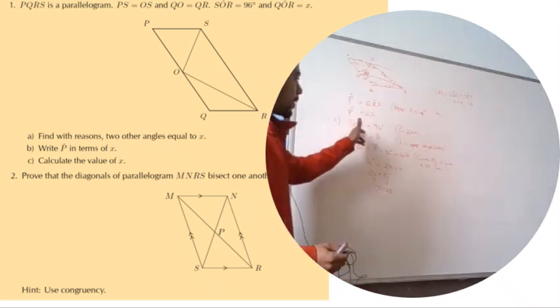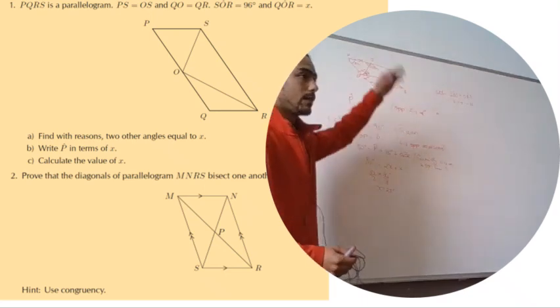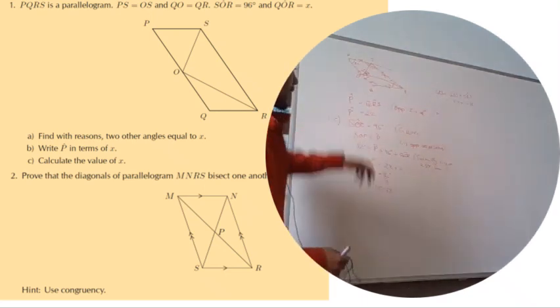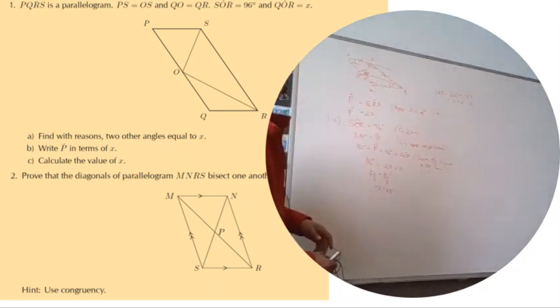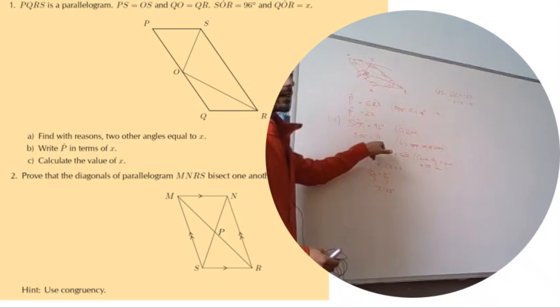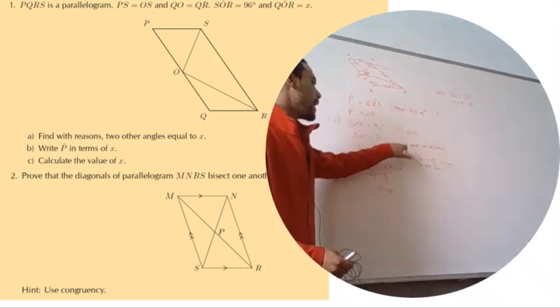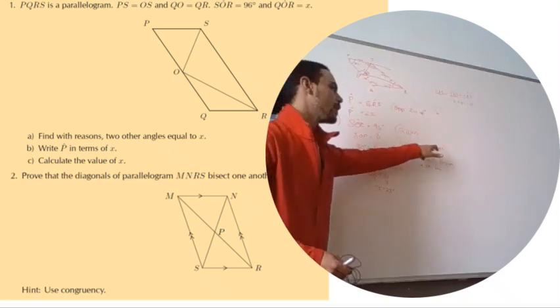So we say angle SOR is equal to 96, given in the information above. Then angle SOP is equal to angle P.